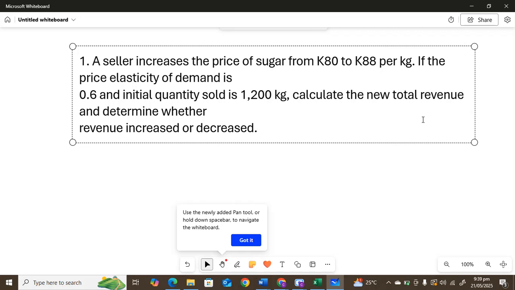You can conclude. Once the PED is less than one, then you can conclude.